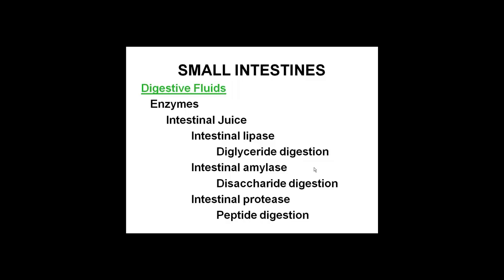You're always going to end up with 2 free fatty acids cleaved off each side, and then a monoglyceride. So the diglycerides means it has 2 fatty acids left, and one of them is going to be taken off, so you end up with a monoglyceride and the free fatty acids.